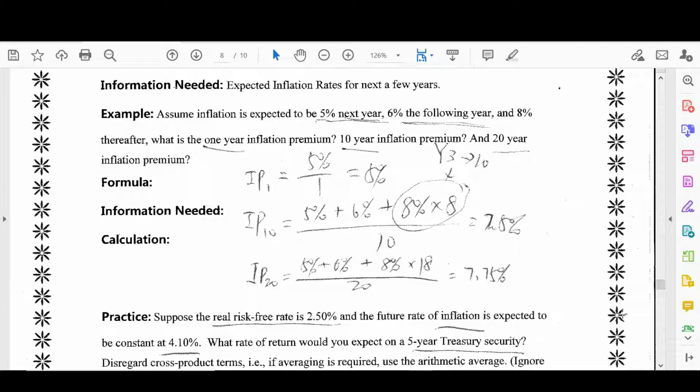We were talking about the equation of how we calculate bond interest rates, R. R equals the real risk-free rate R star plus IP, inflation premium, for all funds. But for long-term bonds, we need to add MRP, maturity risk premium. And for corporate bonds, we need to add DRP and LP, default risk premium and liquidity premium.